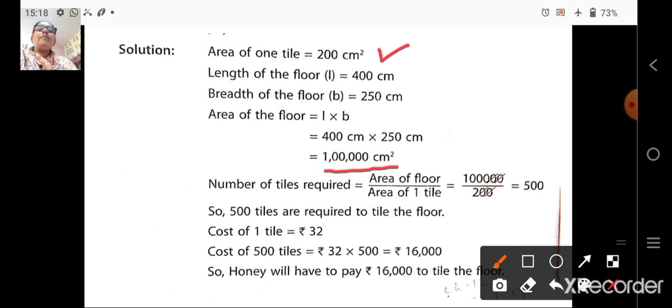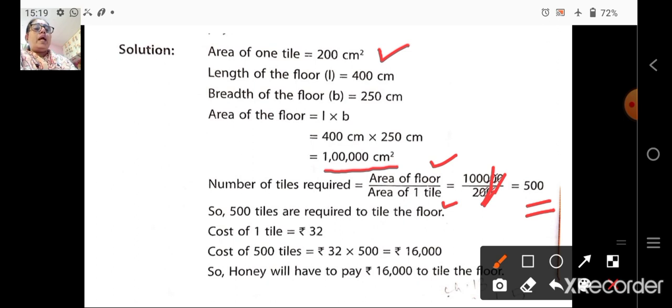To find the number of tiles required, we divide the area of the floor by the area of one tile. So 1 lakh divided by 200. The two zeros get cancelled, so 1000 divided by 2 gives you 500. So 500 is the number of tiles required to tile the floor.